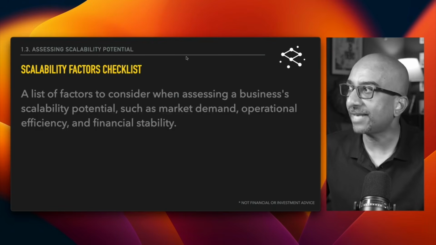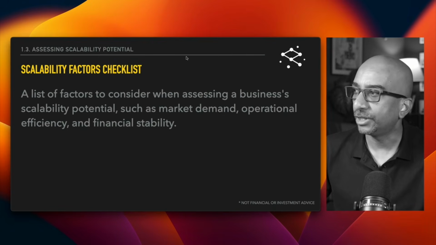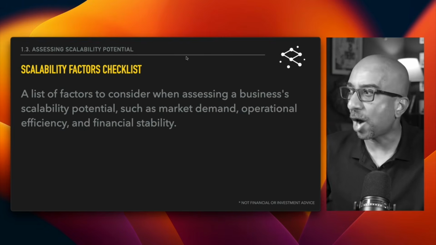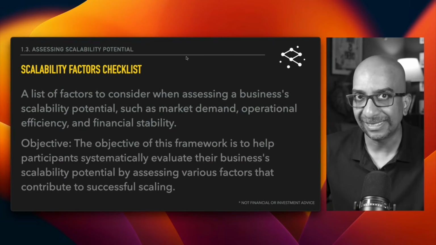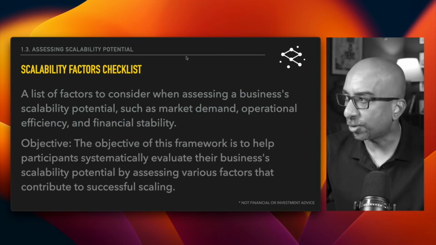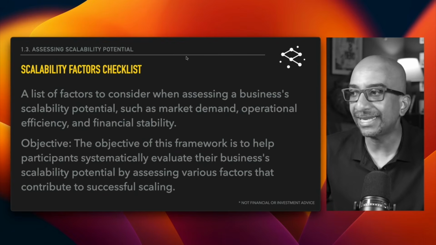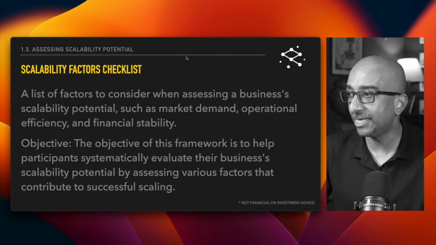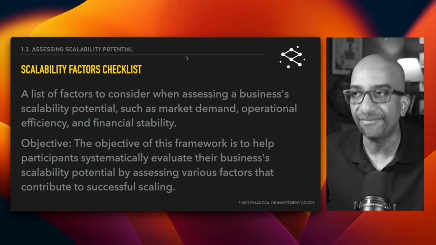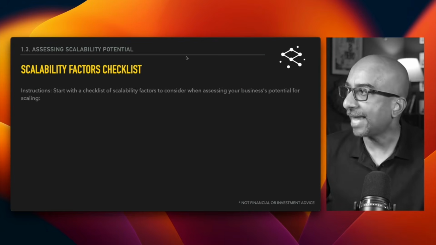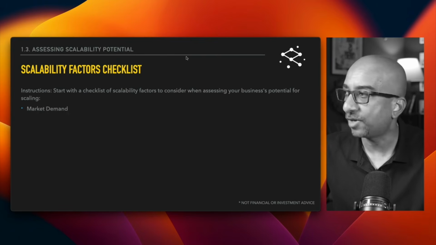So let's quickly look at the factors checklist. You're looking at a business in terms of macro demand, operational efficiency, and financial stability. Why? Because this framework is to help you systematically evaluate your business scalability potential by assessing various factors. Okay? Now, what are these? This is just a recap of what we spoke.